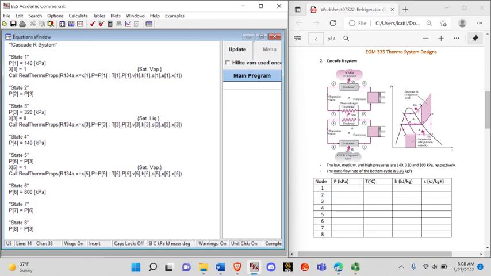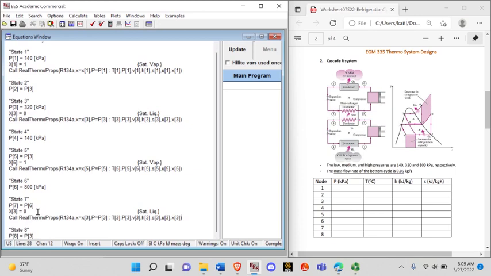Now we also know state 7 also leaves the condenser, so it's also a saturated liquid in an ideal cycle. So we can just, again, copy and paste this for state 3 because it's going to have a quality of 0 since it's a saturated liquid. Make sure you change the number in your array.